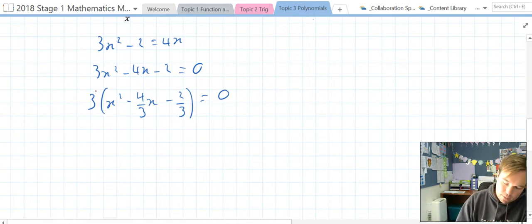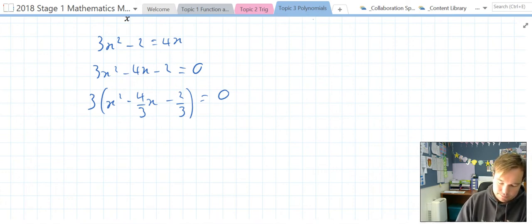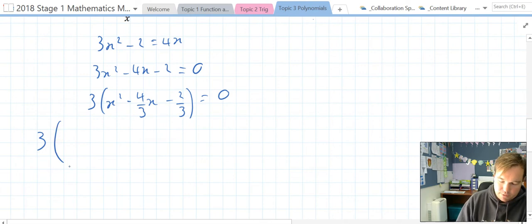But if you think about the 3 coming back in, 3 times 4 on 3 will just leave you the 4. 3 times 2 on 3 will just leave you the 2. So you can actually factorize out a 3. It's just not pretty. Now we continue with the steps, leaving this 3 at the front of the brackets for whatever else we're doing next.